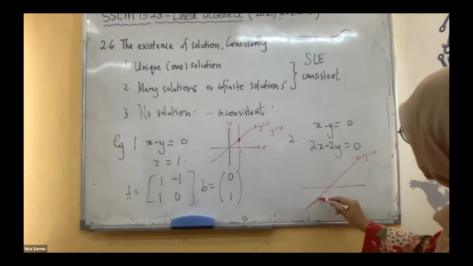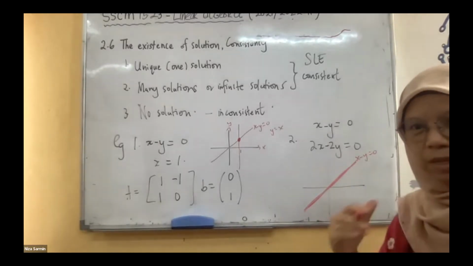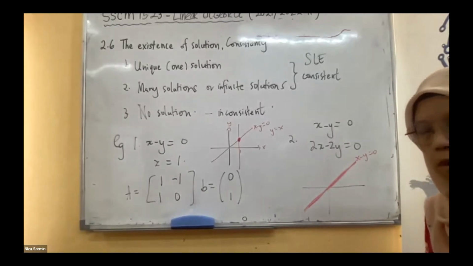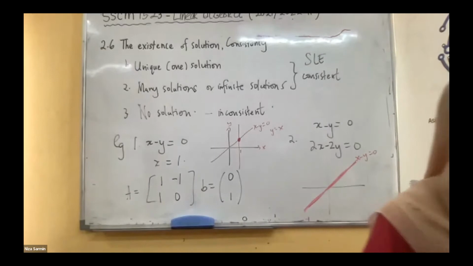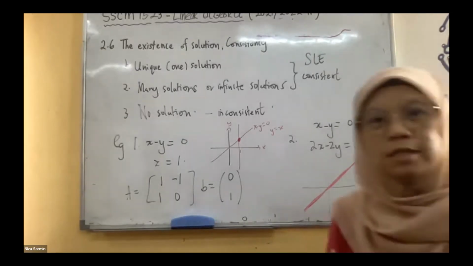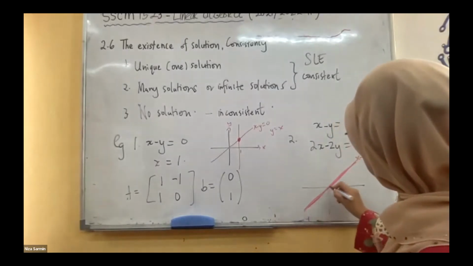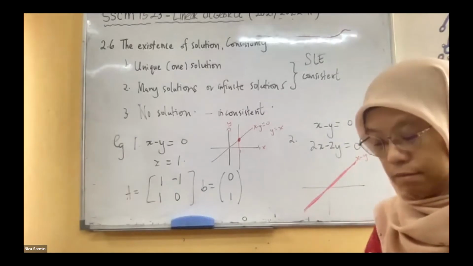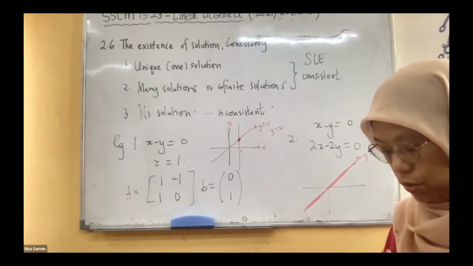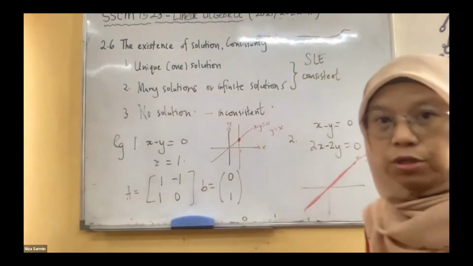So this is also the same thing. So they overlap at the same place. And this means these are all the solution. Everything on the line is a solution, right? So the answer will be many solutions.